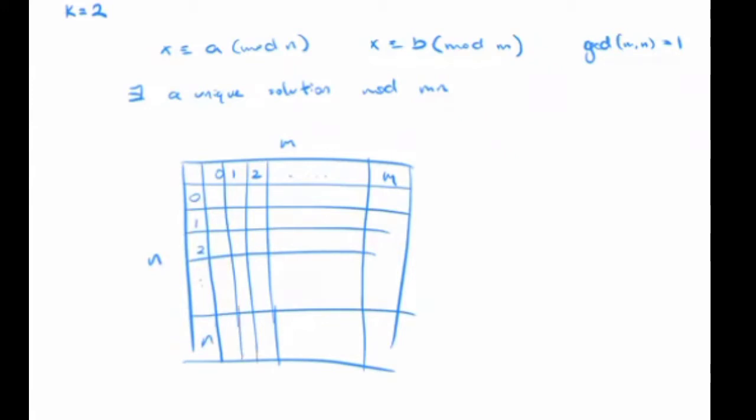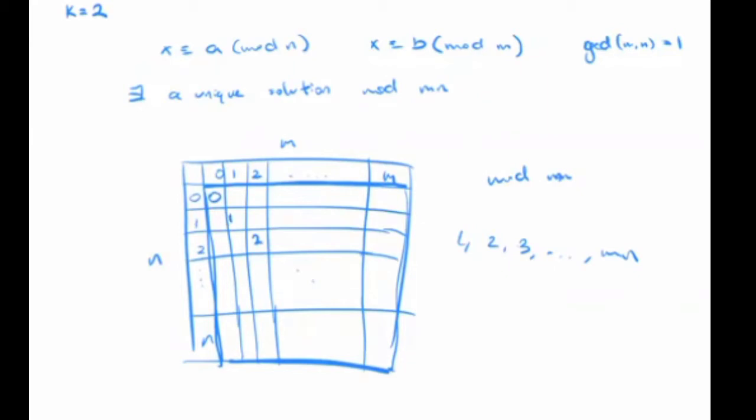Well, we noticed that each residue mod mn, like 1, 2, 3, all the way to mn, right? These numbers are going to be in this grid here. For example, we have that, right?